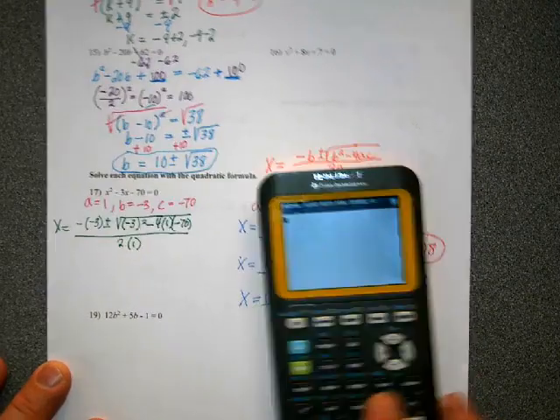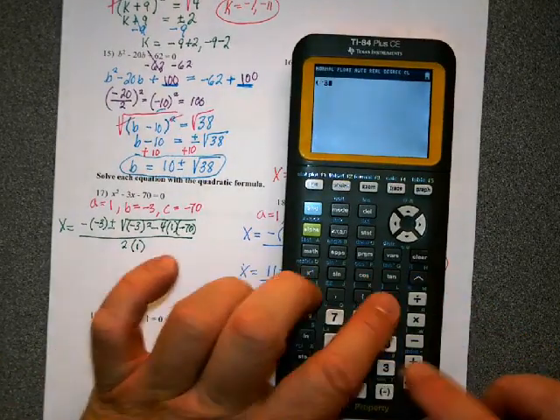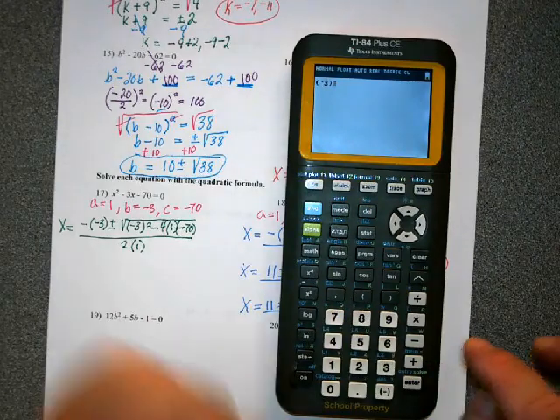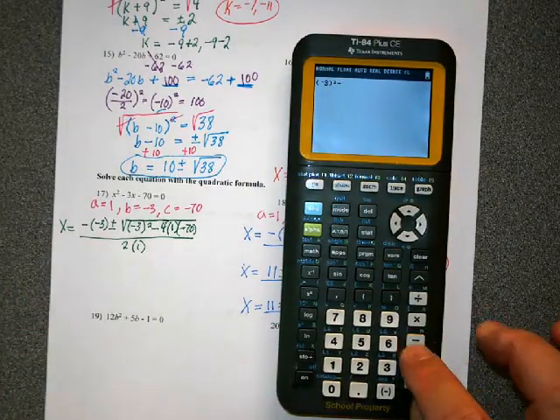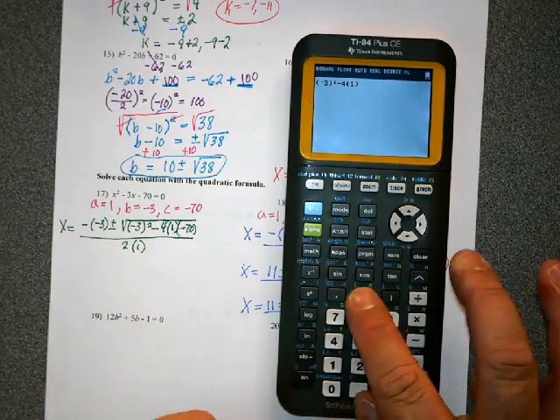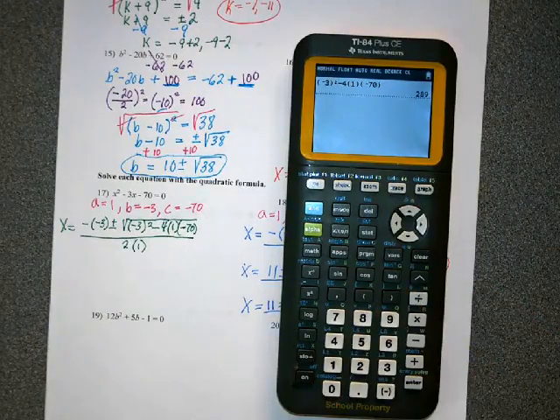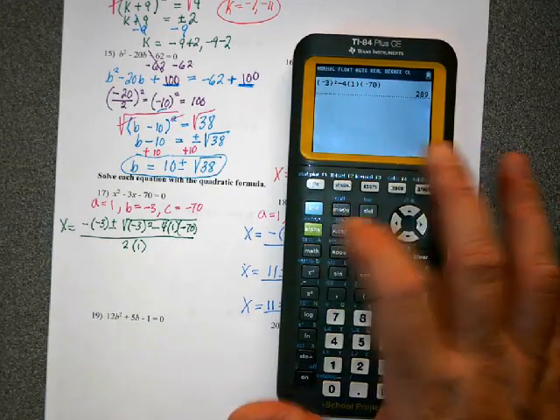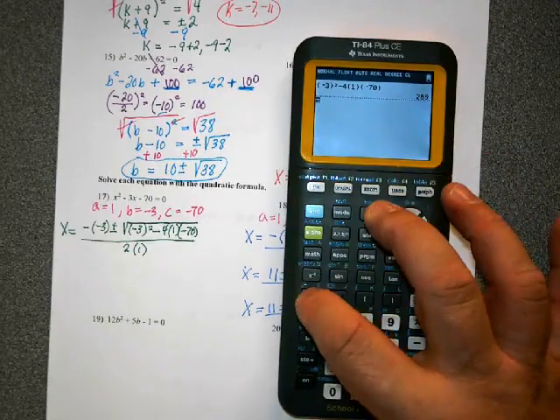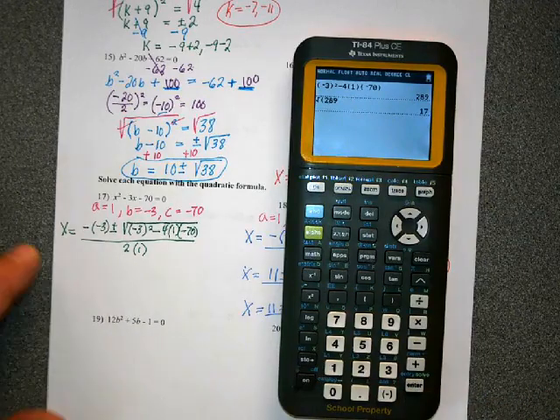So I'm going to take my negative 3 squared minus 4 times a, which is 1, times c, which is negative 70, and enter. And I get 289. I think 289 is a perfect square, isn't it? Yes, 17. Oh, so I'm going to replace this entire radical with 17.